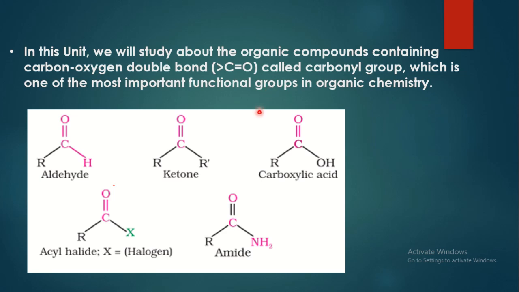So first of all we have to make sure which one is aldehyde, which one is ketone and which one is carboxylic acid. Let us take a small example through which we are going to understand the concept even better. If this is your carbon and this carbon is attached with oxygen through a double bond, we cannot predict whether this is a ketone group, aldehyde group or an acid group.